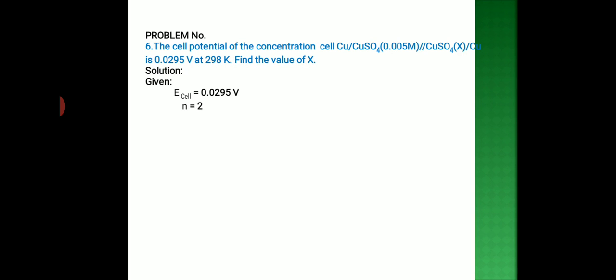So N is equal to 2 here, and in the cell representation C1 is given as 0.005 moles. What we need to calculate here is the x value, which is nothing but C2, equal to x.